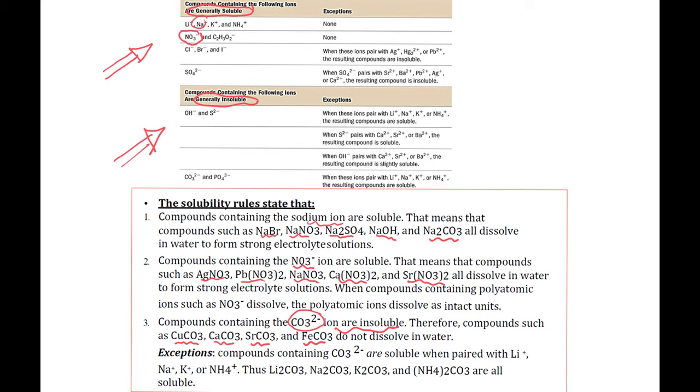But there are some exceptions for carbonate, because looking here, these are the exceptions. Lithium, sodium, potassium, ammonium carbonate and phosphate are soluble. So when carbonate is paired with lithium, sodium, potassium, ammonium, they will form soluble salts.